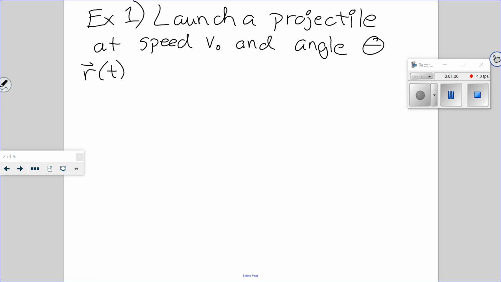Okay, projectile actually means that there are no forces on it except gravity. Only g. We'll say little g is the nickname for gravity.